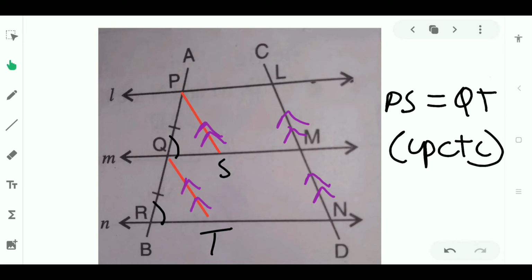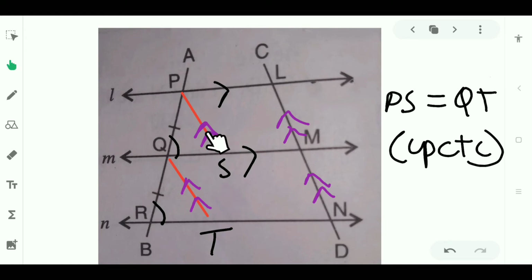Now as PS is parallel to LM and PL is parallel to SM, these two pairs of lines are parallel to each other. PL lies on line L and SM lies on line M, so these two parts will also be parallel to each other.